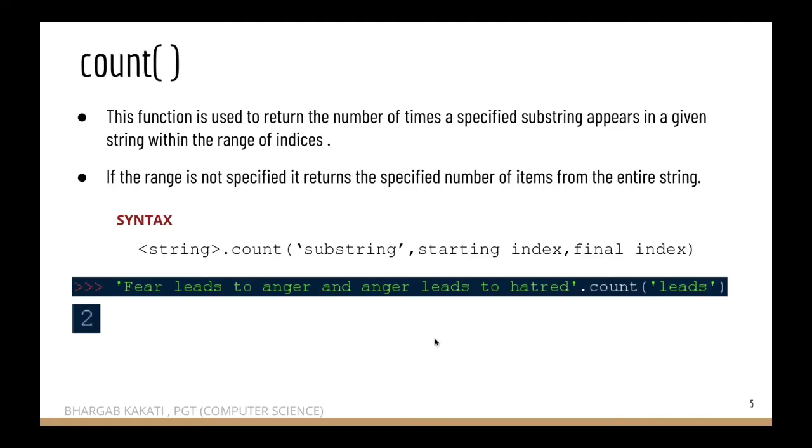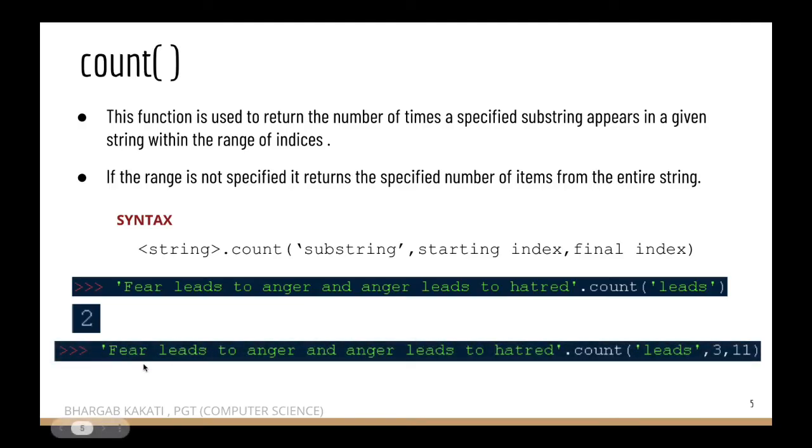Now if I consider a second case where I use the same string, fear leads to anger and anger leads to hatred, dot count, then the substring leads again, comma 3, 11. That means within this range 3 and 11, it will see how many times the substring leads has occurred. If I count the indexes, this is 0, 1, 2, 3.